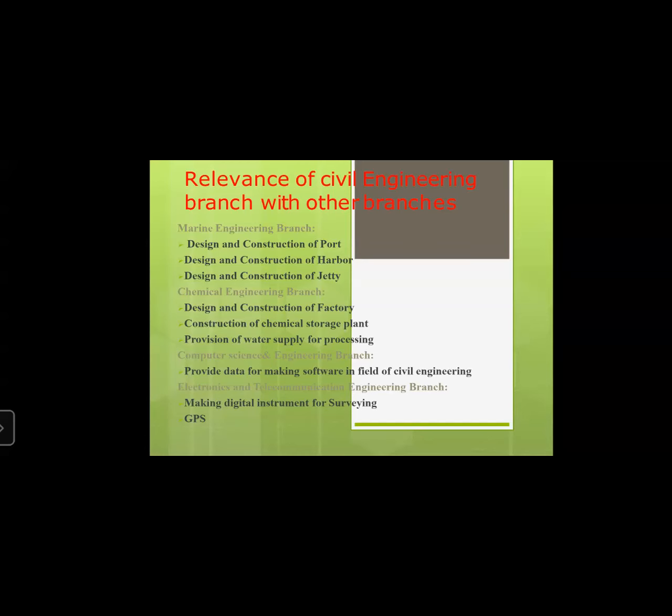Okay, then after that, chemical engineering. If we consider chemical engineering, civil engineering is applicable for preparing the plans, maps, locating sites, and design of structures for storage tanks of chemicals. In chemical engineering we need big storage tanks, and construction of it is done by the civil engineer.